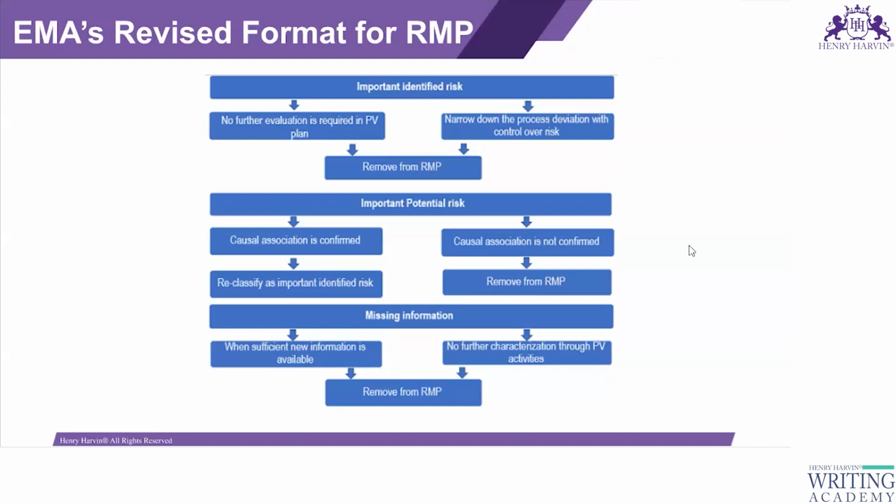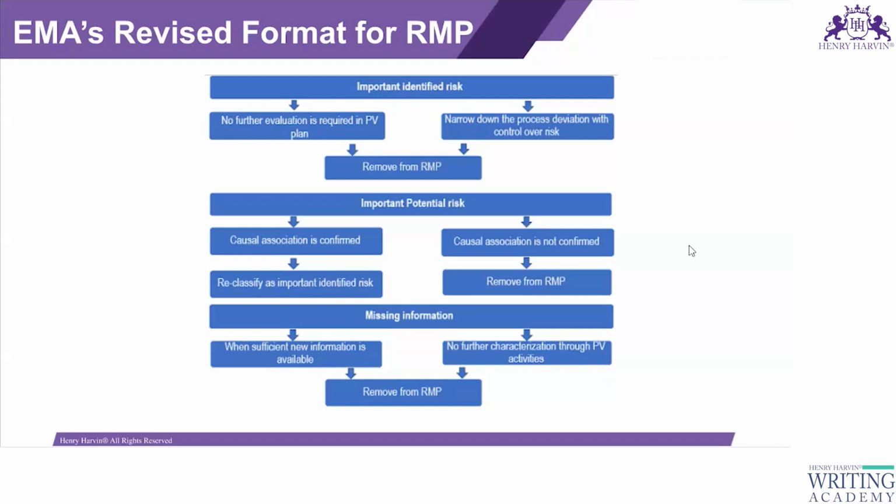So the work is done on those important potential risks. If the causal association is confirmed, that this risk is associated with the use of the drug, then that risk will go into the category of important identified risk, and hence the risk management plan needs to be updated. And when it is confirmed that there is no causal association between this risk and the use of the drug, then that information is removed from the RMP.